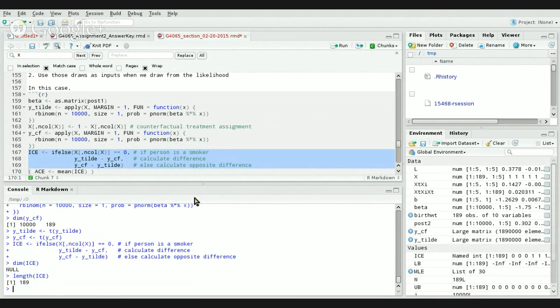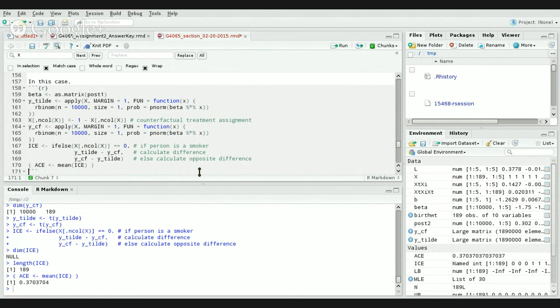Anyway, I think I'm being a little bit loose here, but once you get the individual causal effects, you could average them to come up with your estimate of the average causal effect, which in this case, I think I didn't do it right, but it's something on the order of an increase in the probability of a low birth weight baby of 0.37.